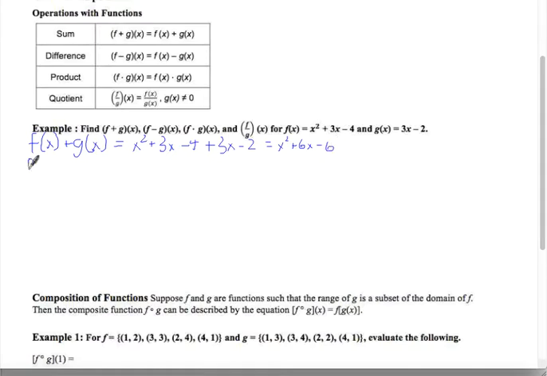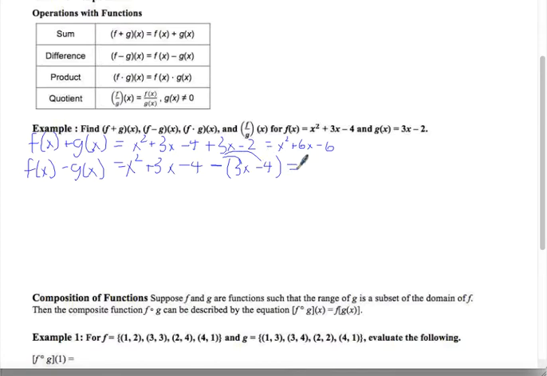So f minus g, same idea, but we do have to be careful with our parentheses. I'm still going to have x squared plus 3x minus 4. But when I subtract the entire function g of x, I have to make sure that I distribute this negative appropriately.